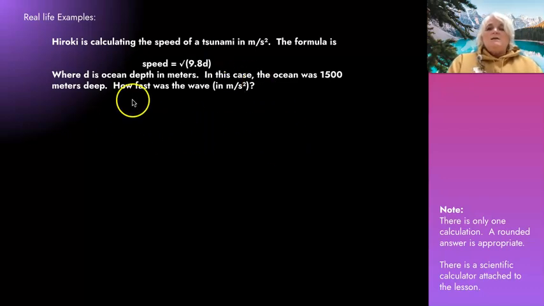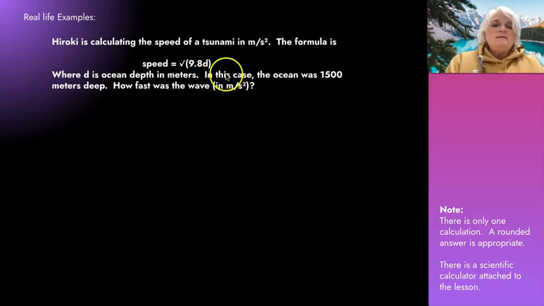So Hiroki is calculating the speed of a tsunami in meters per second squared. The formula is that speed is equal to the square root of 9 8/10 times d. D is ocean depth in meters.